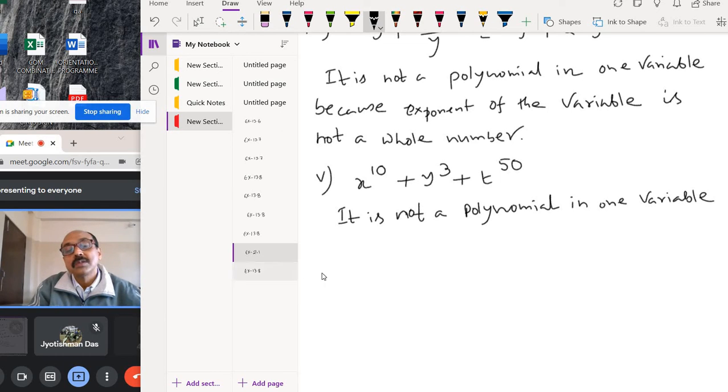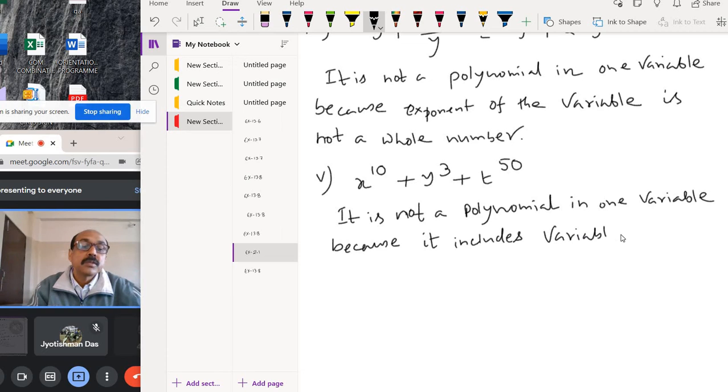It includes more than one variable. Okay, is it clear?